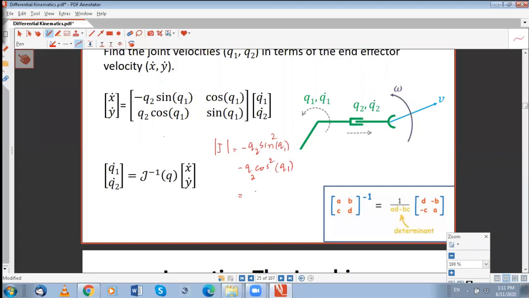So take minus Q2 common, and then you get sine squared Q1 plus cos squared Q1, which is 1. So we get minus Q2. Okay? And this determinant is very important.